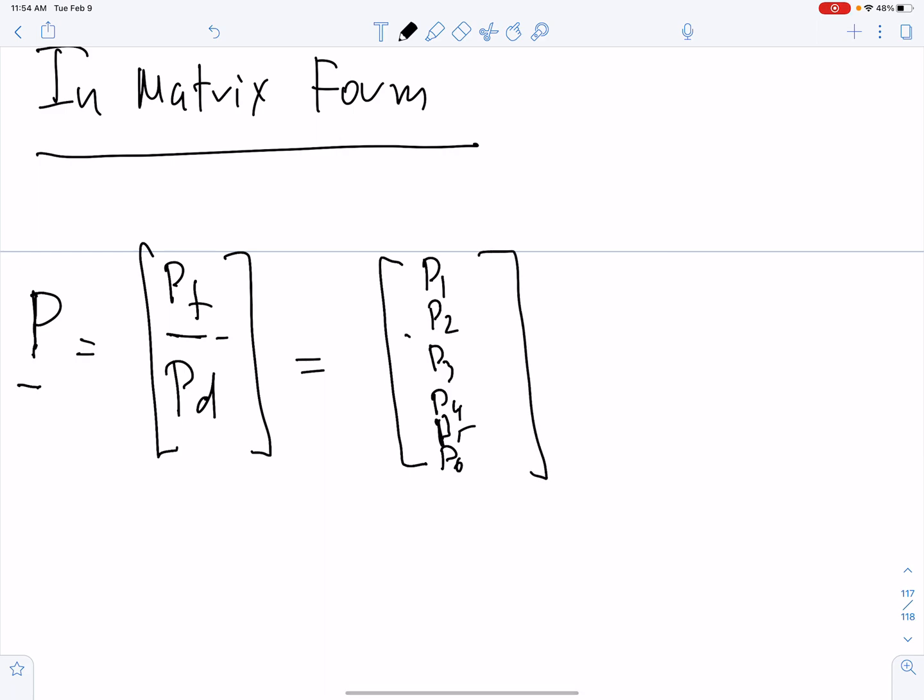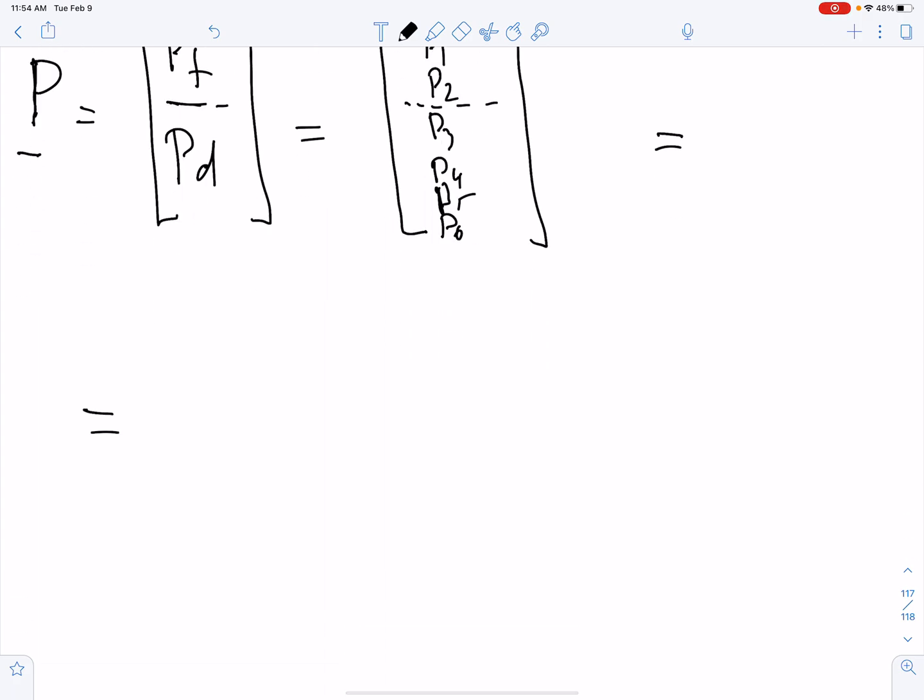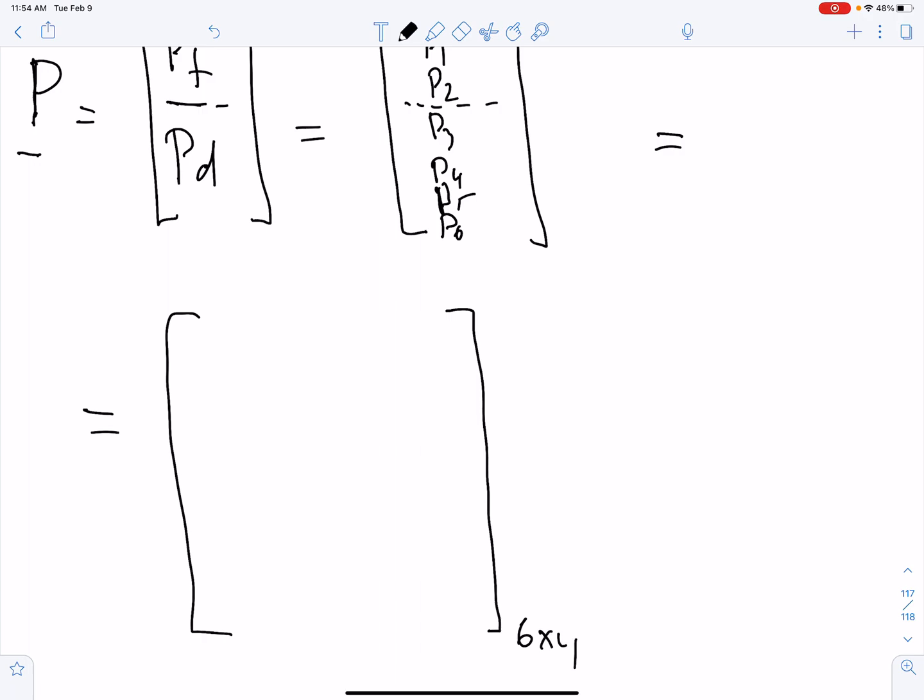This is where we draw the line between the free and restrained degrees of freedom. Equals... You can write a pretty large matrix, 6 by 4, and that matrix will multiply the element forces.